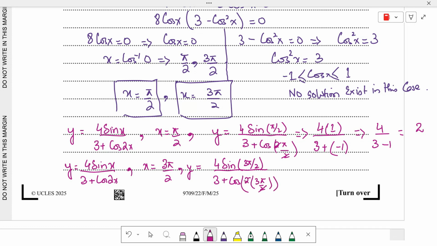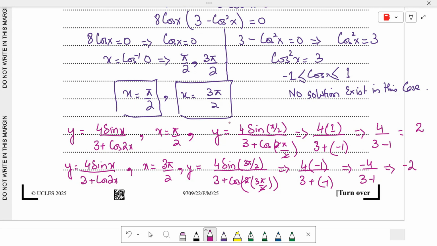So 2 will be cancelled out, and 4 times sine 3 pi by 2 is negative 1, over 3, plus cos 3 pi, which is cos pi, which is negative 1. So we will have negative 4 over 3 minus 1, and this one is equal to negative 2.